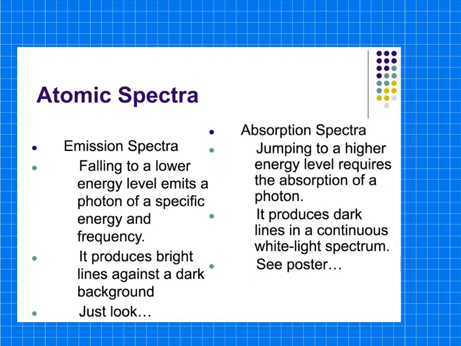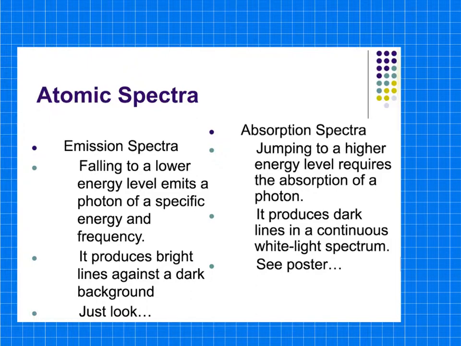Again, I'm going to reiterate some of the concepts I just talked about. The emission spectra, we're looking at all of the emissions or electrons that are moving to a lower energy level. All of those electrons moving from higher energy levels to lower energy levels are going to emit light in the form of photons. And those photons, as you know, are associated with particular frequencies.